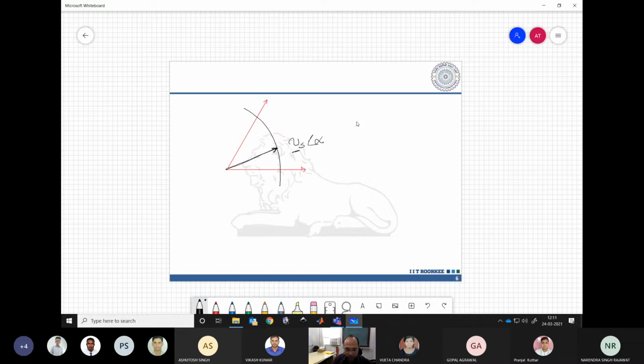Let's say I define it by alpha. So don't confuse the alpha beta axis with the alpha angle. When I say alpha beta axis, this means this axis.